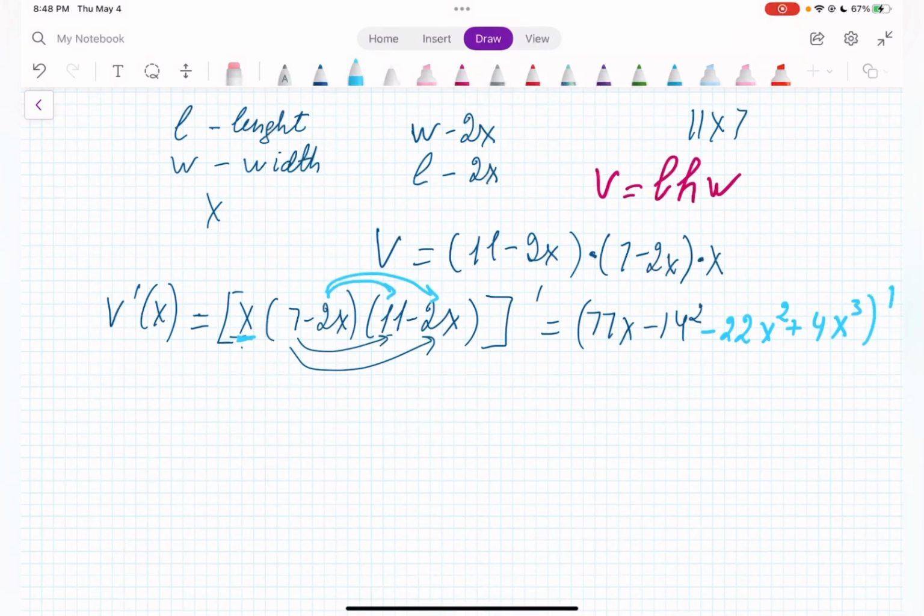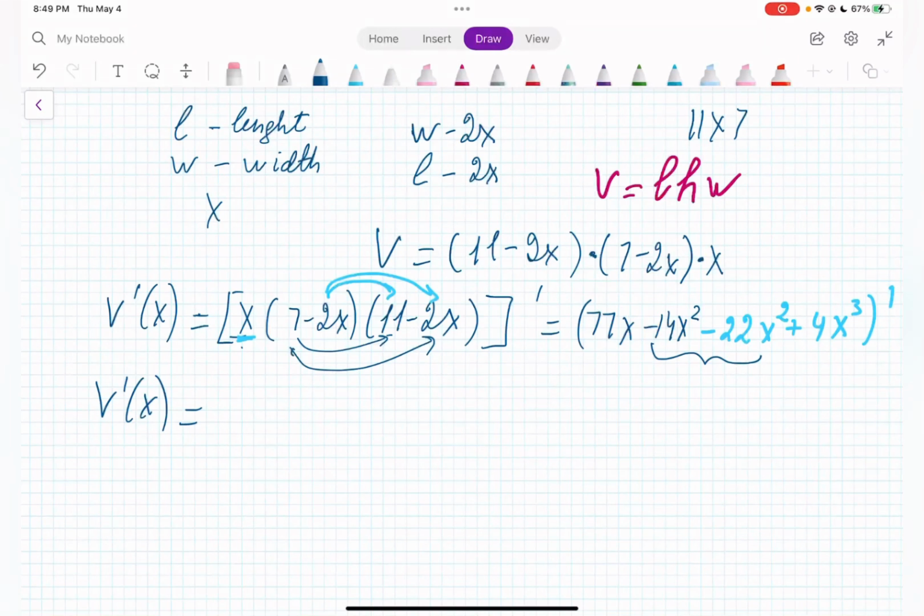Okay, now we are going to take the derivative. Do we have like terms? Yeah, we do, these two. Let me combine this: negative 14x squared. I forgot here to put x squared, I put square. My apologies.